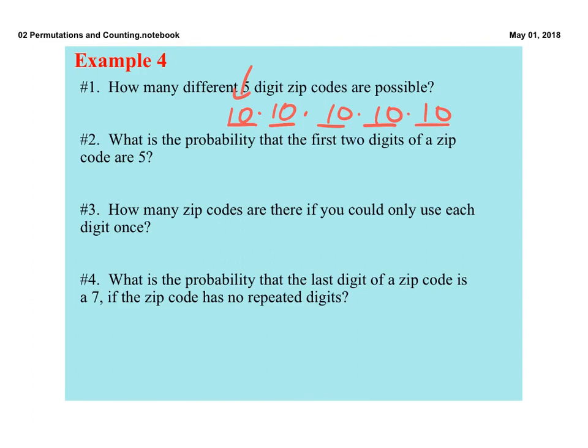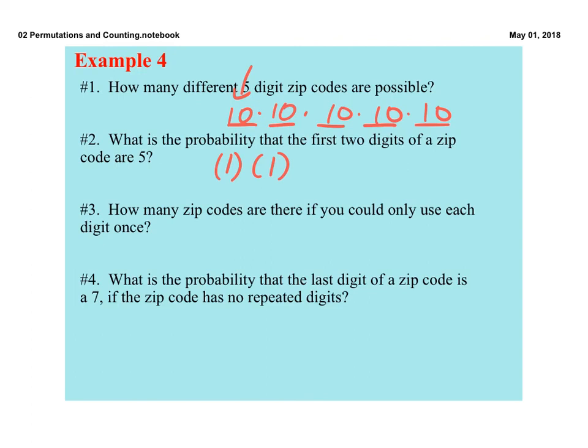All right. What's the probability that the first 2 digits of a zip code are 5? All right. So if the first 2 digits of the zip code are 5, then there's only 1 choice for that first spot. It's a 5. And there's only 1 choice for the next spot. It's a 5. But then there's a lot of other things that could happen here.